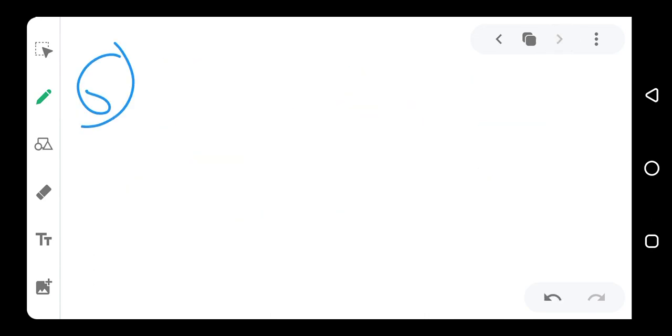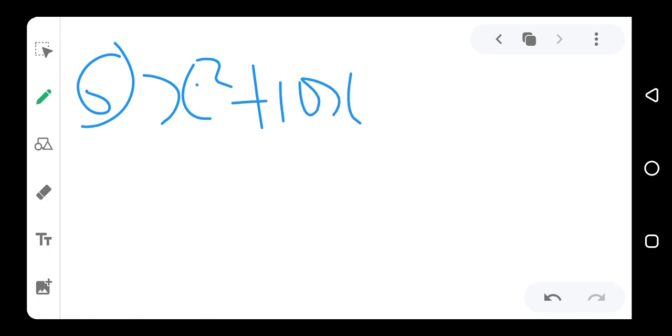So we are now going to have, if we add it, x squared plus 10x plus 5 squared is equal to 4 plus 5 squared.